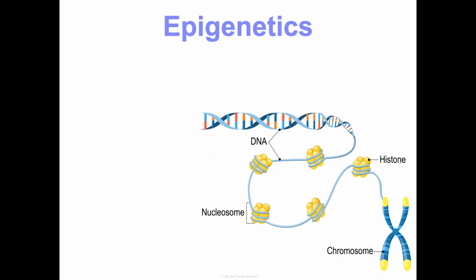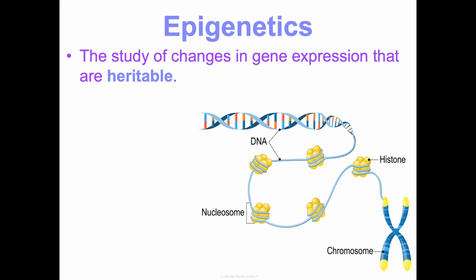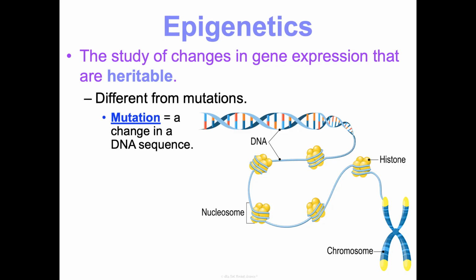Okay, last but not least is epigenetics. This is a fascinating topic. This is the study of changes in gene expression that are heritable, meaning you can inherit them. But here's what's so important. This is different from a mutation. If you remember, a mutation is a change in the actual DNA sequence.